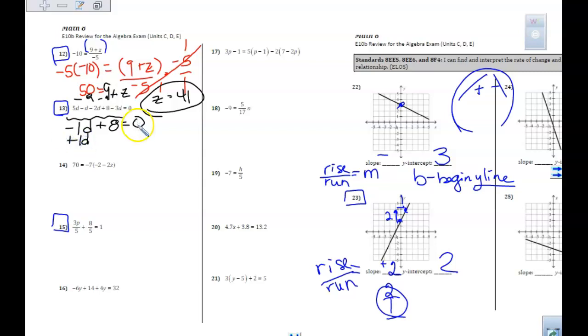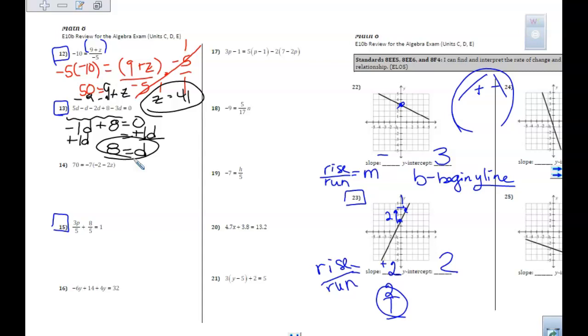If I add 1D here and I add to 0, add 1D, I get D, or 1D, equals 8. And I'm done. Now, a lot of people subtracted 8 and then divided by negative 1. Does that work? Yes, for sure it works. Just go on with it. We take a look at this one down here. And then if there's any other ones, we can look at those also.